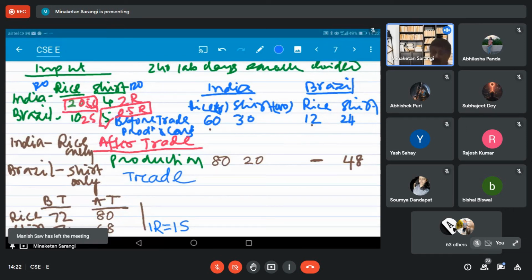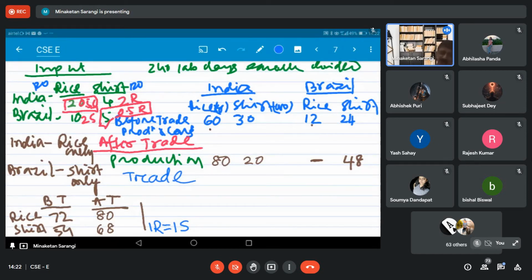How much trade will be there? If Brazil requires 12 kg of rice, Brazil can purchase 12 kg of rice. If Brazil will purchase 12 kg of rice, then India will take 12 sacks.